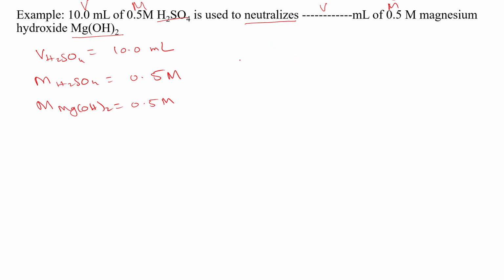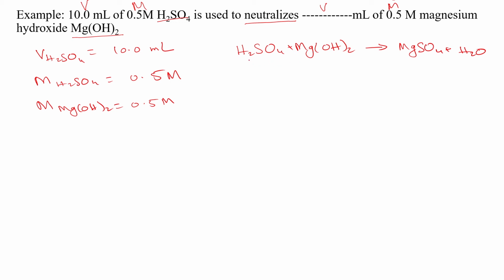And for all neutralization or titration problems, I have to start with the balanced equation. So I will write down the balanced equation first. Okay, we have one magnesium, one magnesium, one sulfate, one sulfate.